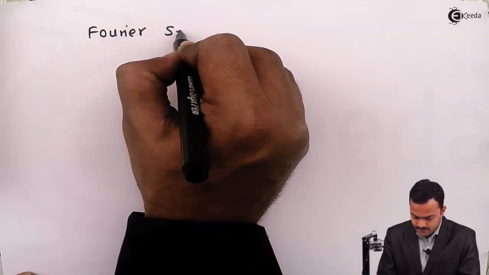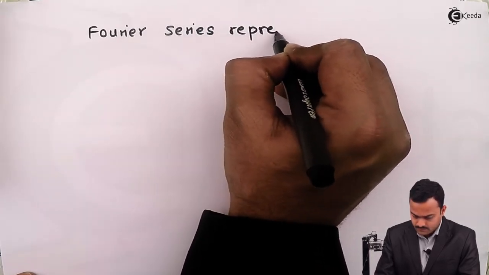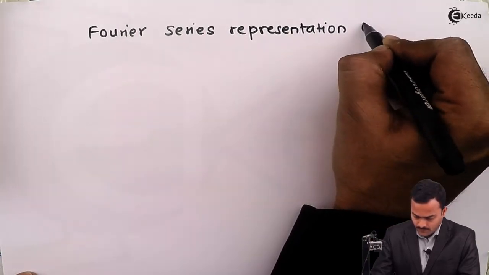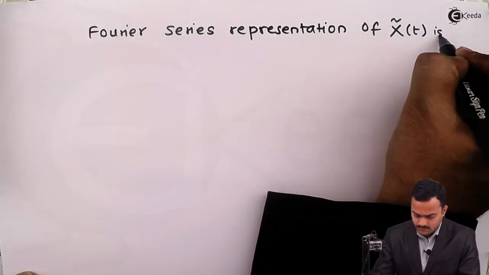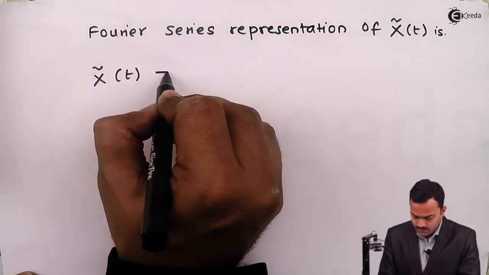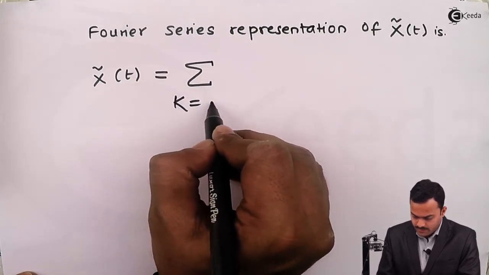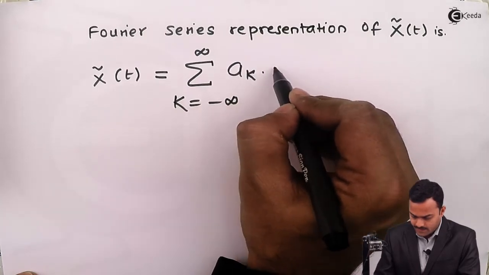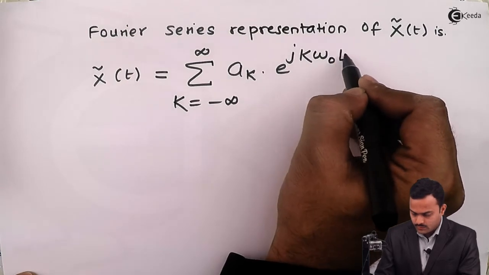So the Fourier series representation of x bar t is x bar t equals summation k from minus infinity to plus infinity a_k e raised to j k omega 0 t.